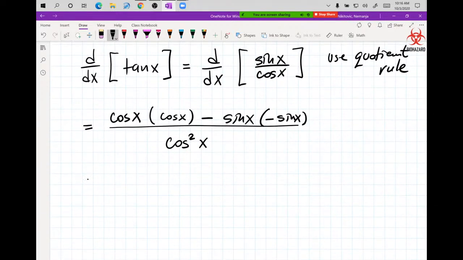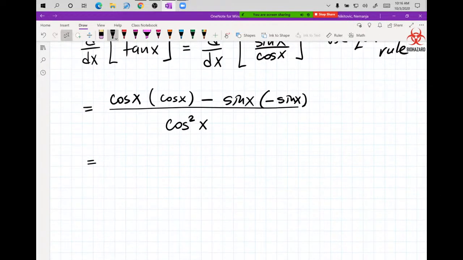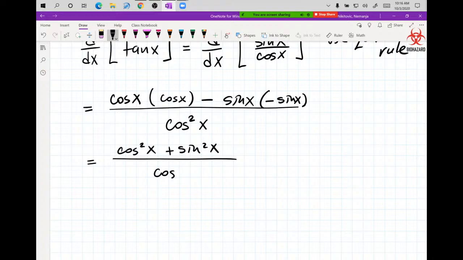So what do we have? We have cosine squared x plus sine squared x divided by cosine squared x. And what's this on top? It's 1. Sine squared plus cosine squared is equal to 1. That is what we call a Pythagorean identity in pre-calc 1. Very good.